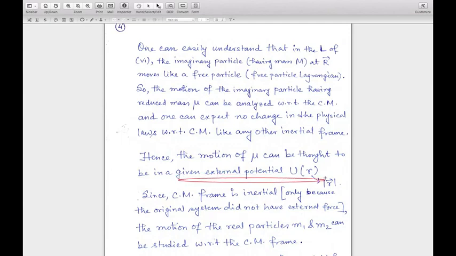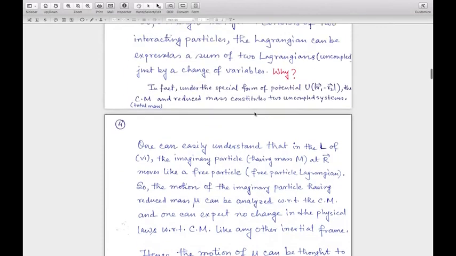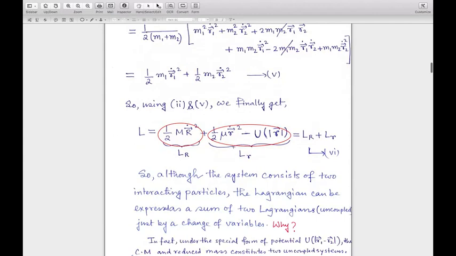Okay, so if you now concentrate on the Lagrangian of the reduced mass mu, you will see this is simply half mu r dot square minus u(r), as if mu is now having a time independent potential. Okay, and this potential just depends on its instantaneous position.